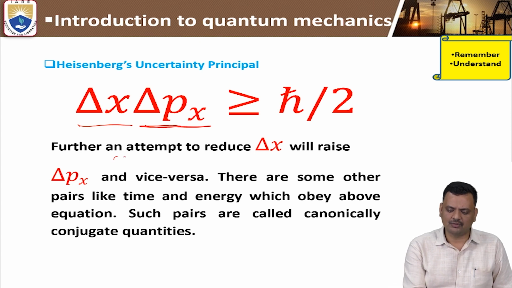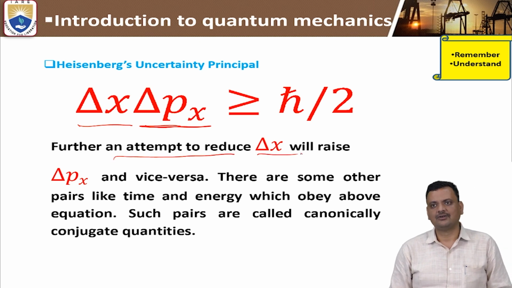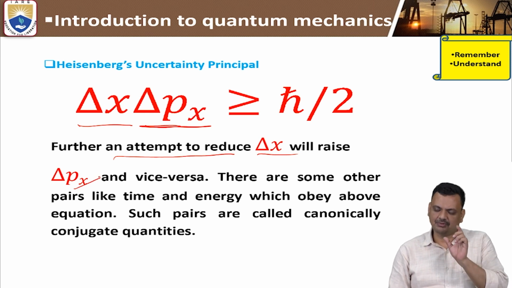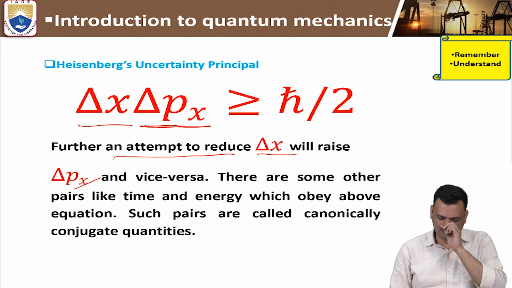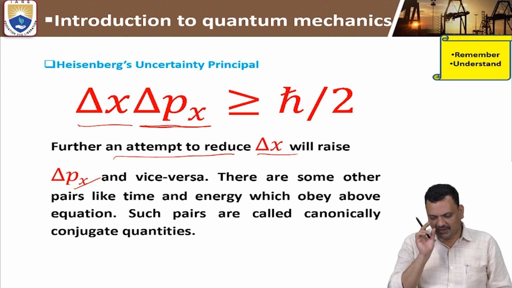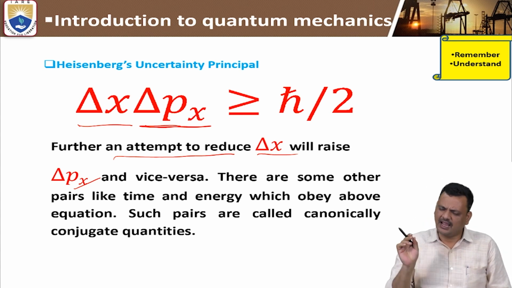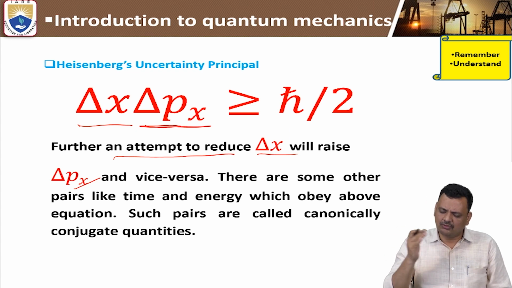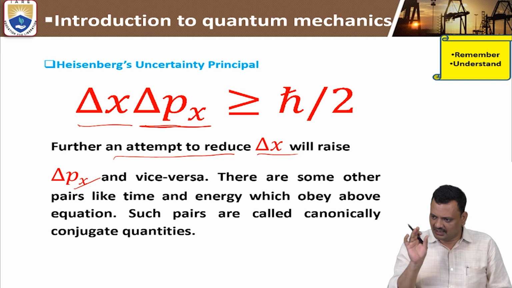Further, an attempt to reduce delta x will raise delta px. Suppose you want to measure the precise position; then at that time you will lose precision in measuring the momentum at the same time.